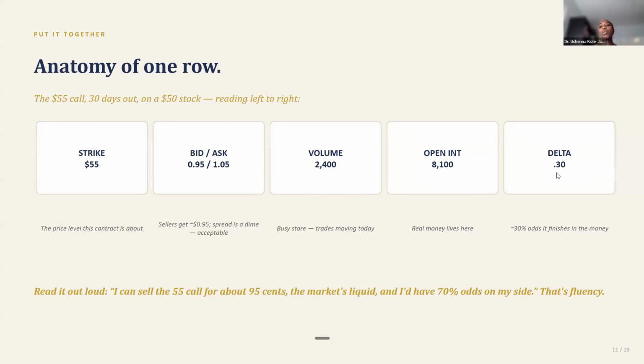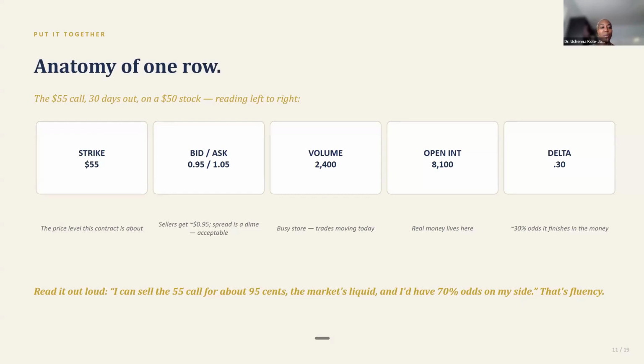If I'm doing a 30 delta as a buyer, that stock better move because I need it to be in the money by expiration. As a seller, I'm good because now I have a 30% chance of it getting in the money, which is a 70% chance of it staying out of the money.